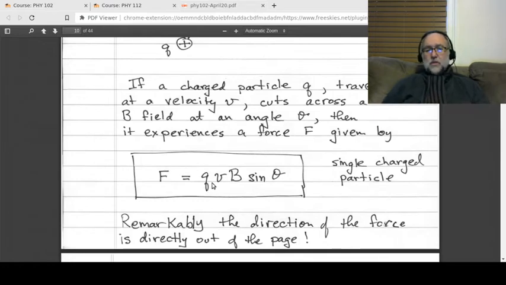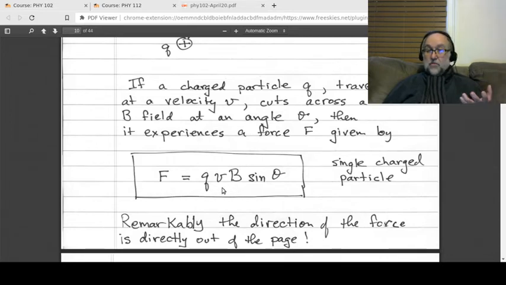So the bigger Q is, the bigger F is. The faster the charged particle is going, the bigger the force is. That also makes sense. In fact, if v were zero, if there were no velocity, then the force is zero. That's one of the key points about how the magnetic field interacts with a charged particle: if there's no velocity, there's no force.